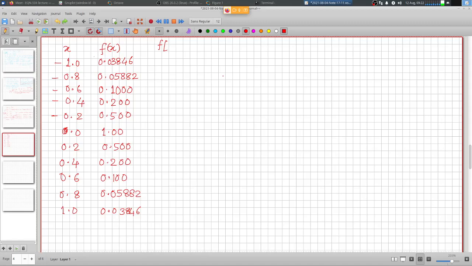The zeroth order divided difference is the function value at that point itself, and then I can say i plus 1. So that would be this value, 0.058.